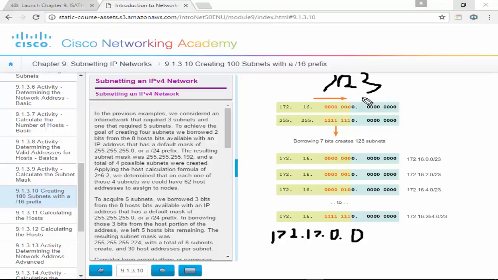Okay, so a slash 23 gives us 128 networks. How else could we find that? Well, we take a slash 23 and subtract the 16, which is the classful boundary, and we get 7. 2 to the power of 7 equals 128.